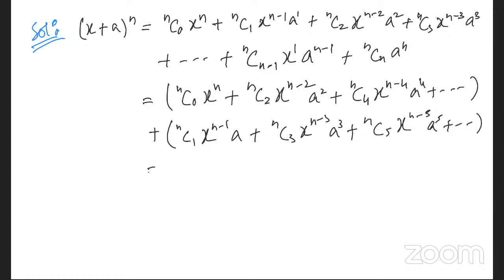So this will be equal to p plus q, because p and q are the sum of even terms and odd terms. It is given. Let us consider this as equation 1.